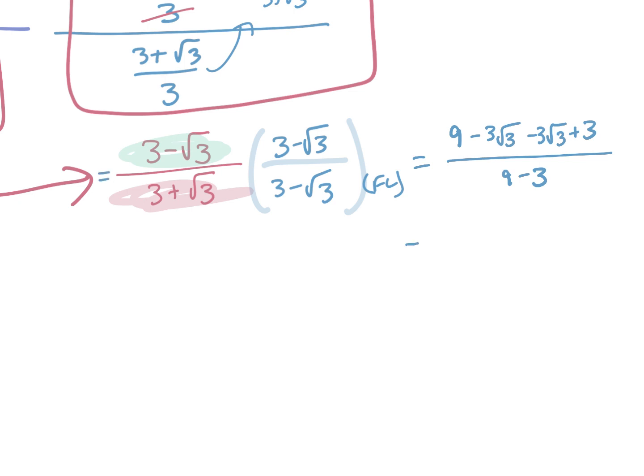If we clean this up and add our like terms, we get 12 minus 6 root 3 all over 6.